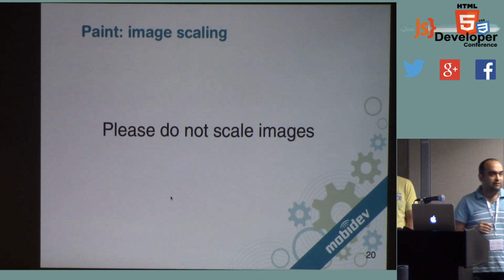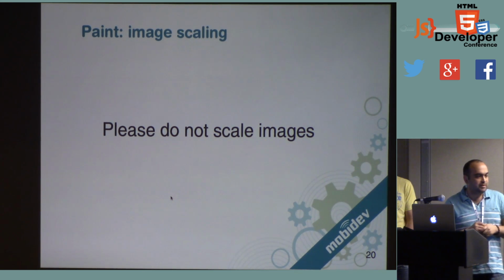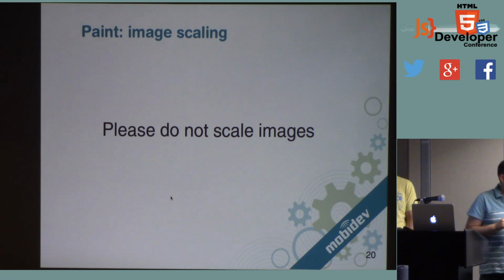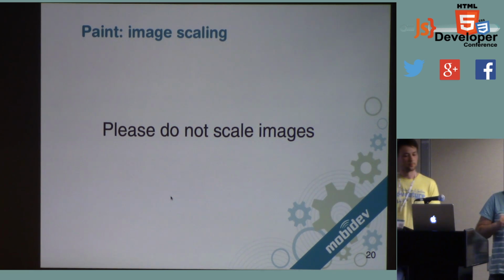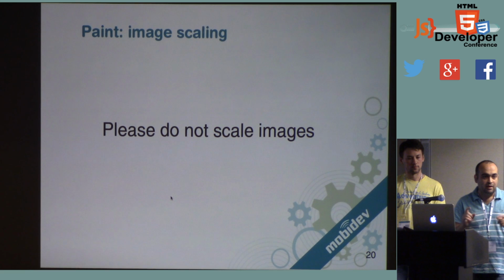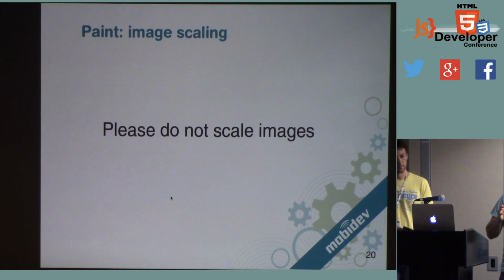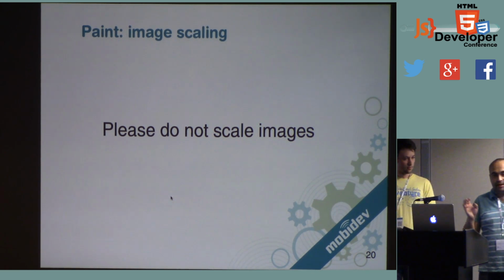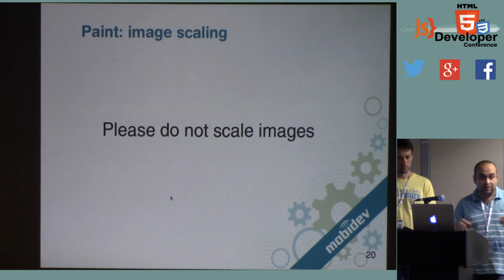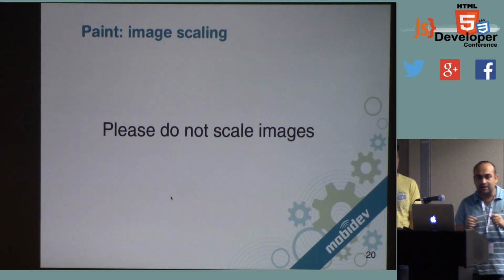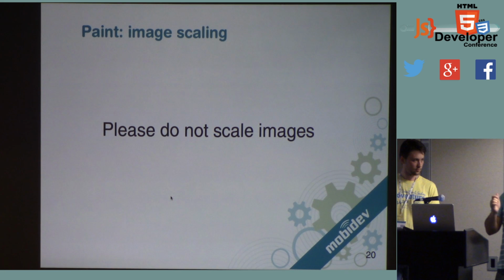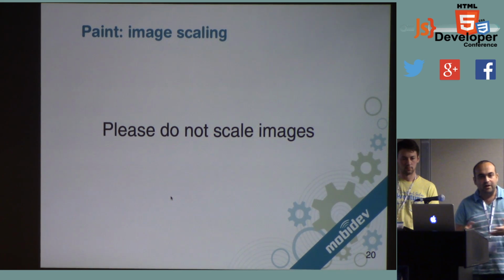For example, we have an iOS application with one image 500 pixels wide, and we try to scale it down 1.3 times, and this scaling takes more than 10 milliseconds. It's more than half of the frame budget. It's unacceptable for mobile users.